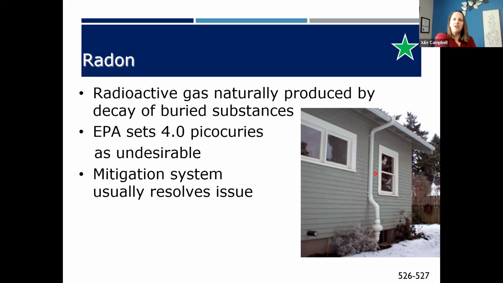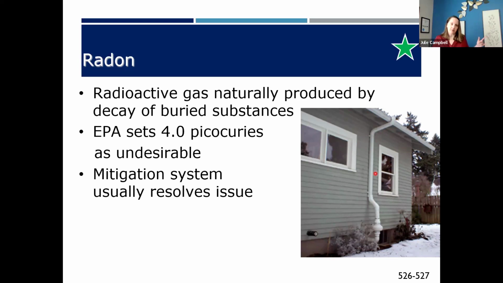You can go to Lowe's or Home Depot and get a radon test kit, which gives you a good place to start. But typically speaking, the buyer's going to choose to have this tested as part of their inspections. They bring their contractor in.